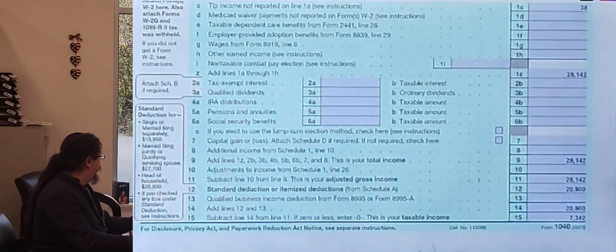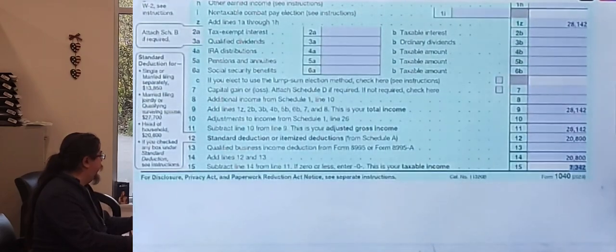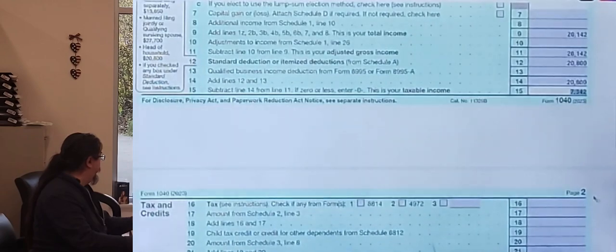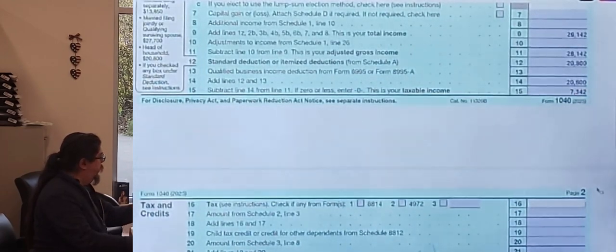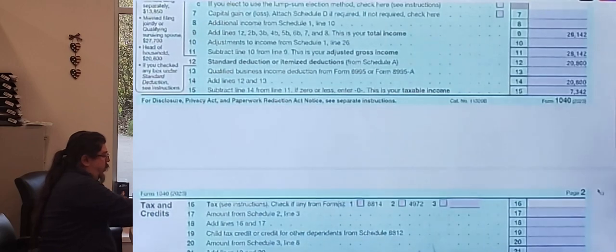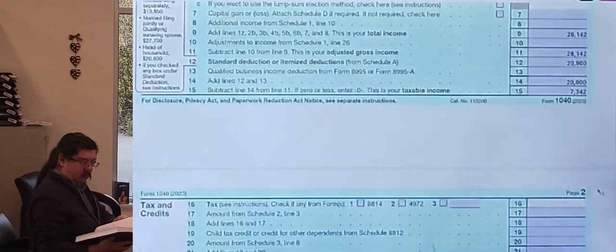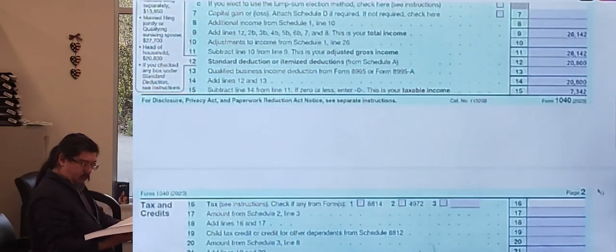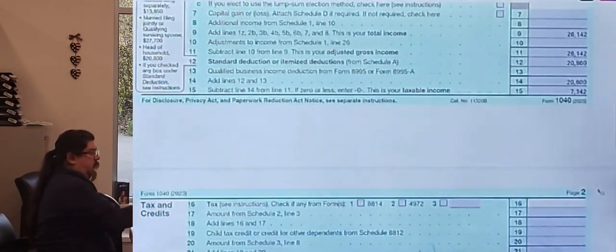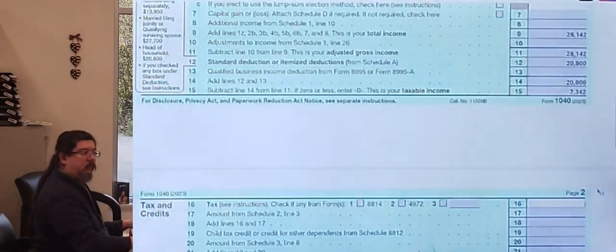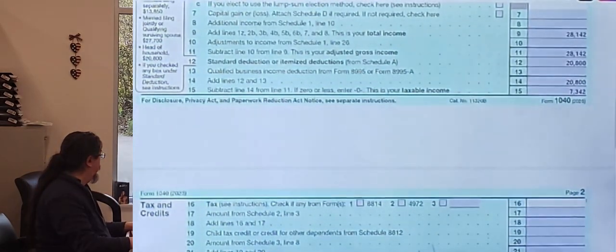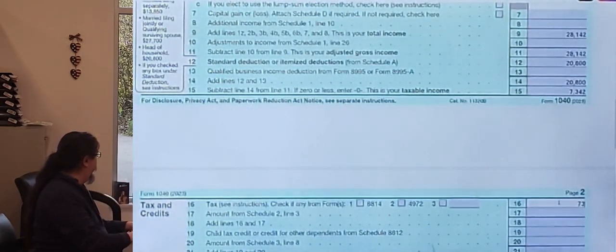So if we want to do the rest of the return, we'll look up 7,342 in the tax table, which is at the front of the workbook. Yes, 733 is his tax.